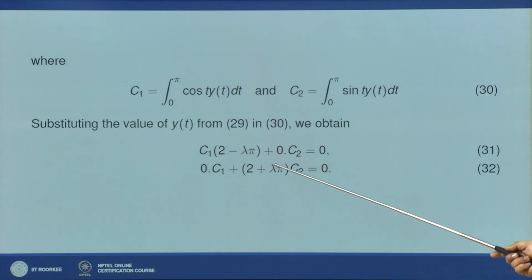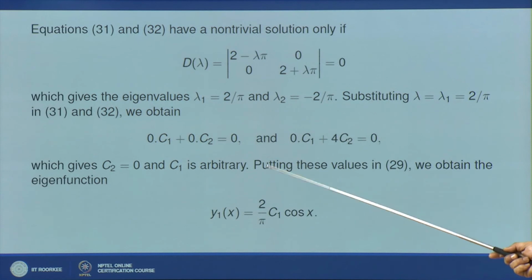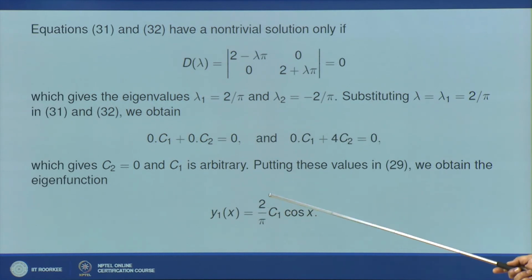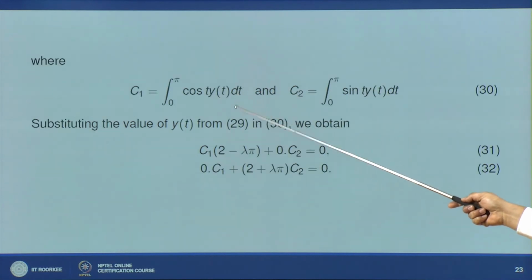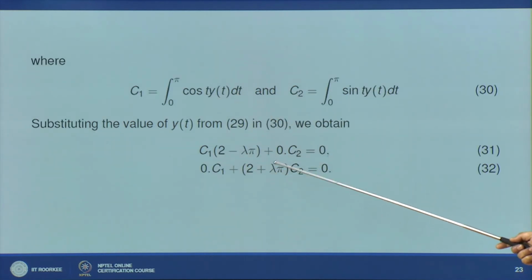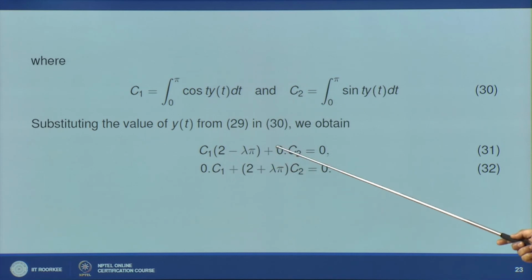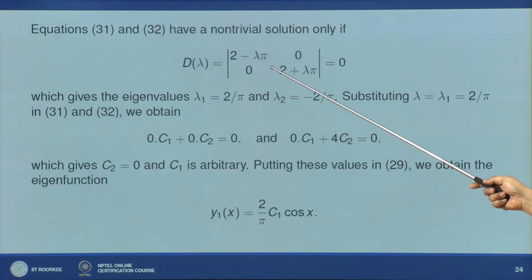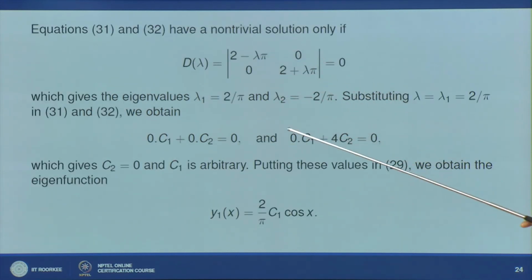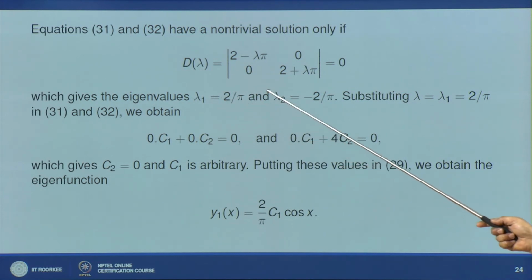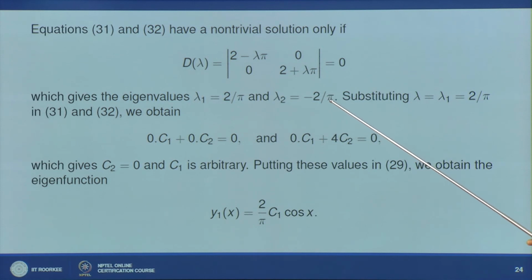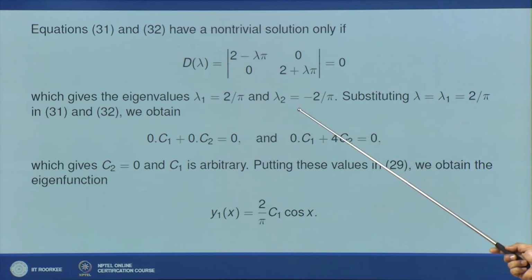This is again a triangular system to solve, and the eigenvalues can be found from the determinant of the coefficient matrix, D(lambda). When you solve this you will get two eigenvalues: lambda 1 equal to 2 by pi and lambda 2 equal to minus 2 by pi. So the eigenvalues are with us.